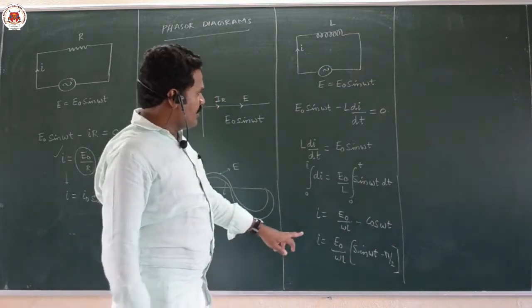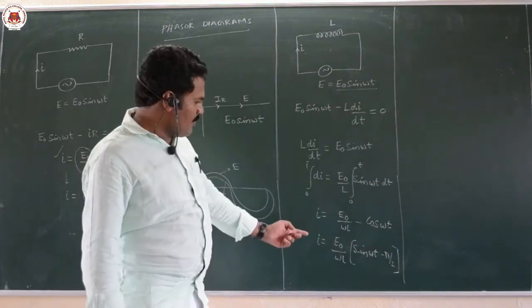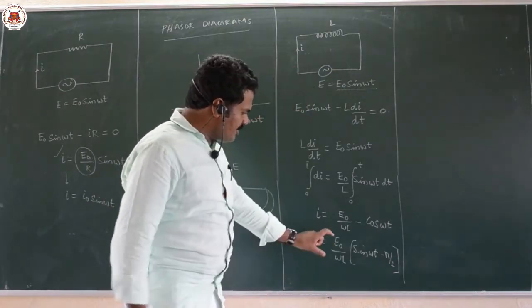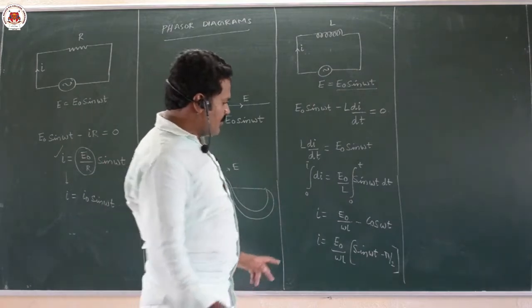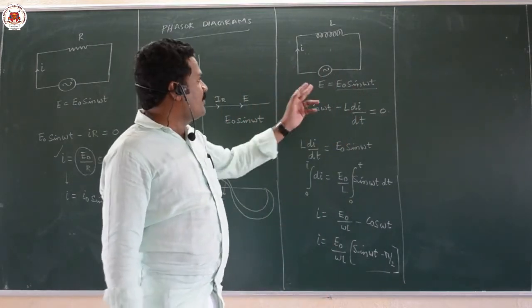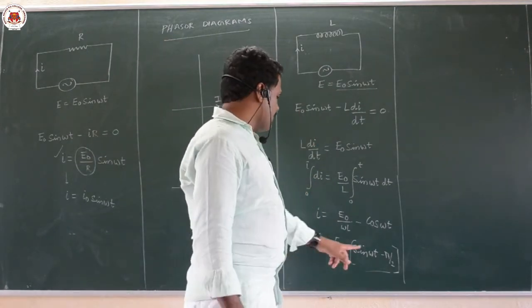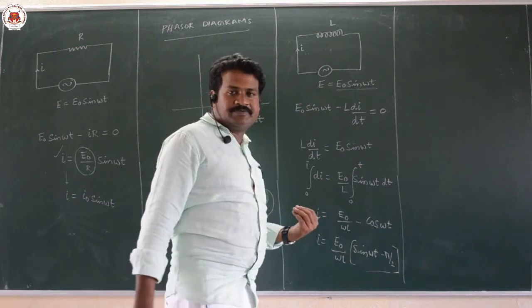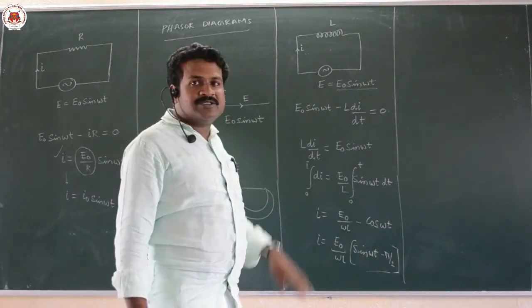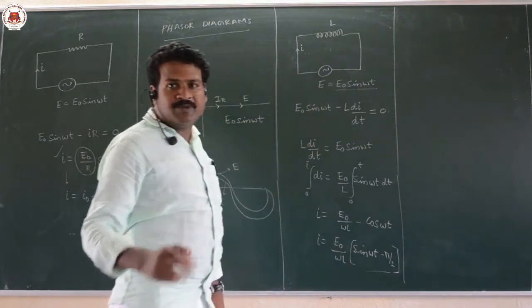You can observe the applied EMF is E naught sin omega t, whereas the current I got has maximum value E naught by omega L. If you observe the angle, the phase difference between current and EMF in an inductor is such that the current lags behind the EMF. So I is equal to I naught sin omega t minus pi by 2.